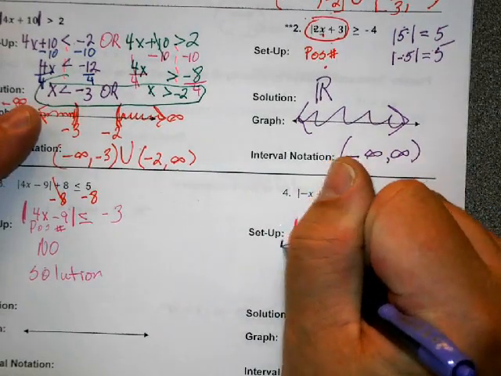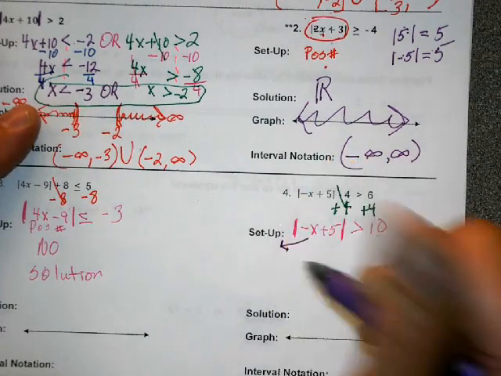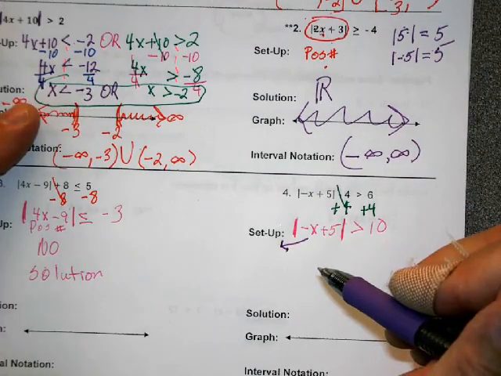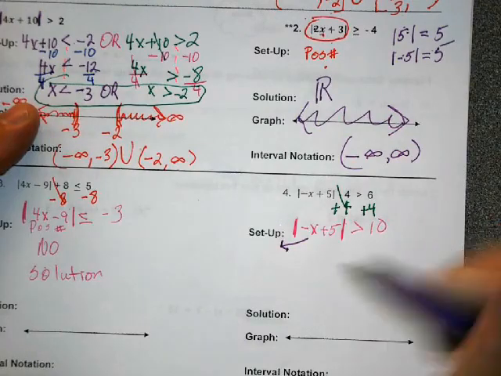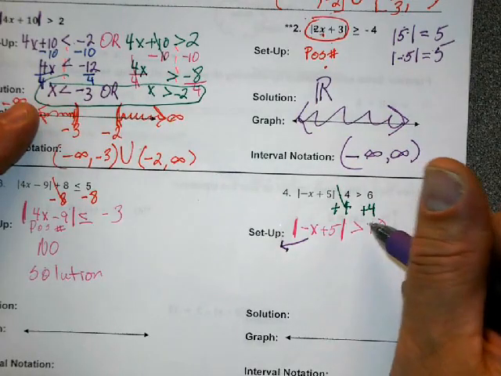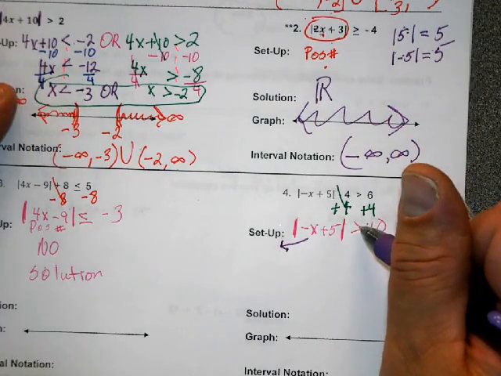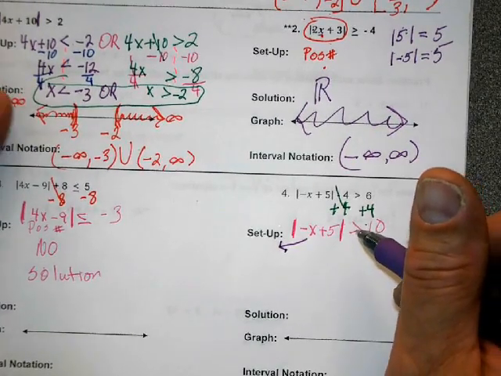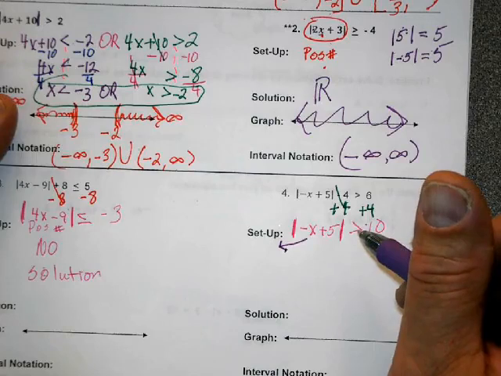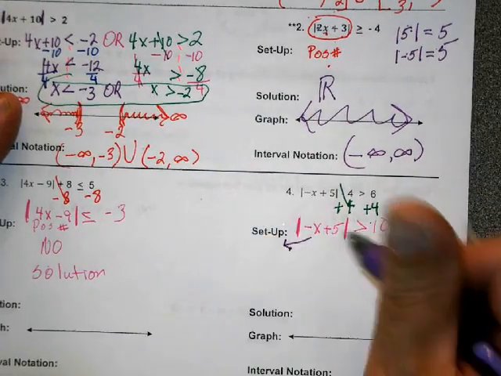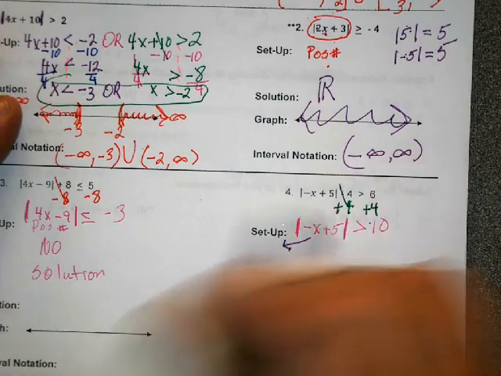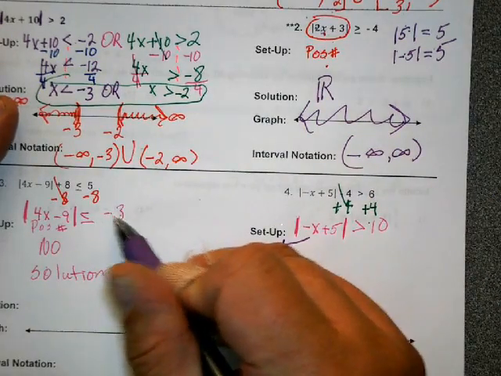It depends on the sign, too. I thought it was no solution, but it's negative for the x. But you had to add the 4.